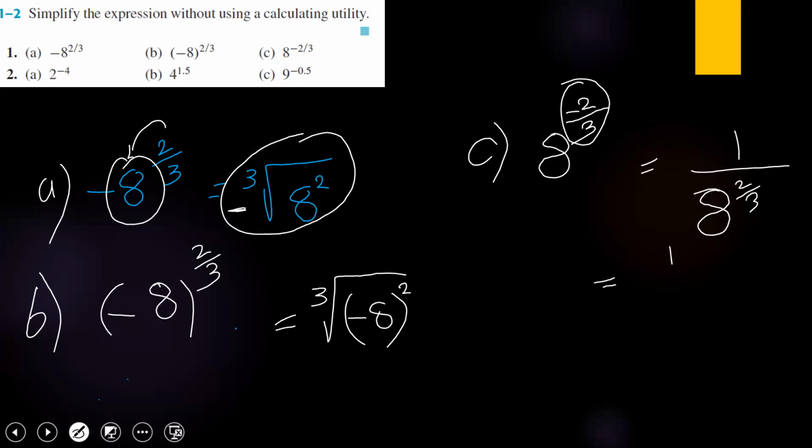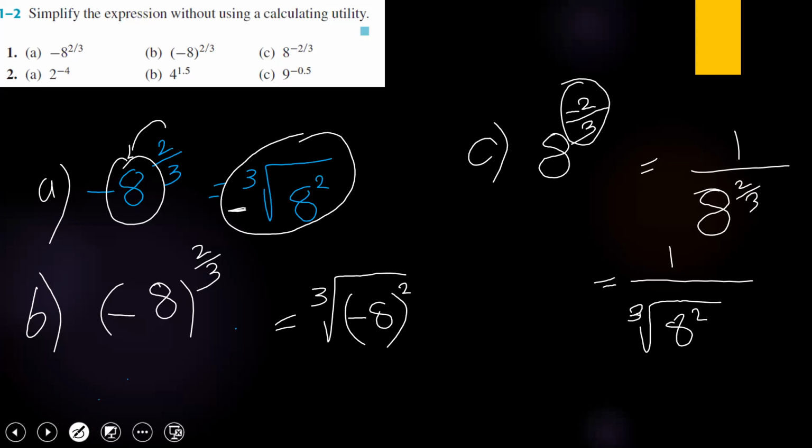Then we say it is the cubic root of 8 squared. Teacher, she said the reciprocal will be 3 over 2, not 2 over 3. The reciprocal of 8, and the opposite, or the inverse, of negative 2 over 3.